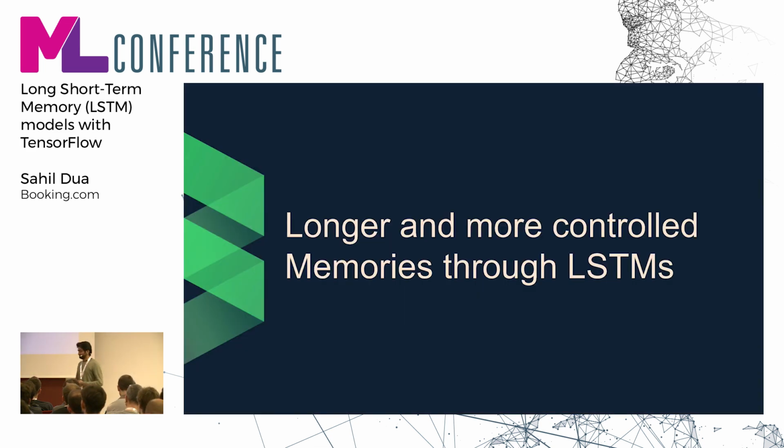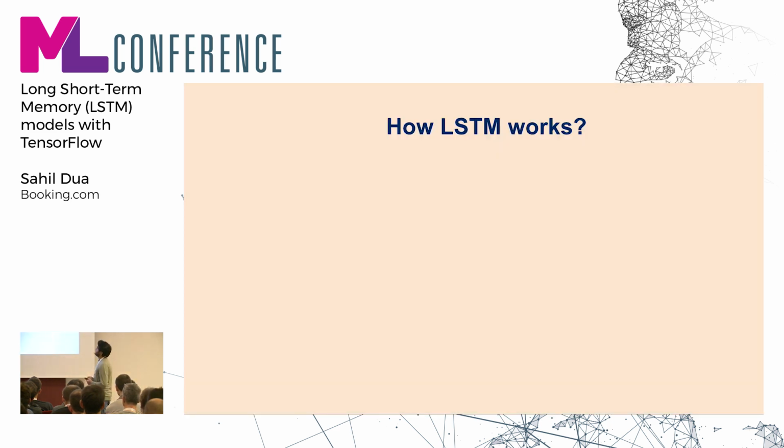So, longer and more controlled memories with LSTMs. How this works is, it has three mechanisms. The first one is the forgetting mechanism. If the LSTM model sees something, it decides whether the previous information is still useful or not. There is a way to control how much of the previous information is going to be forgotten and how much is going to be retained.